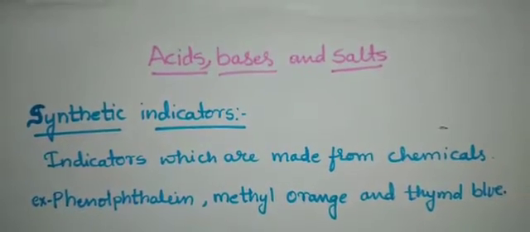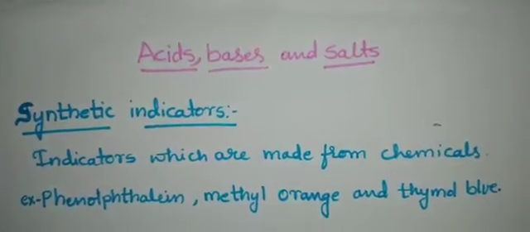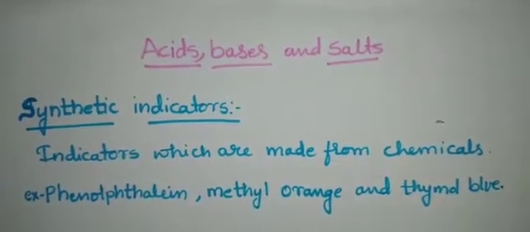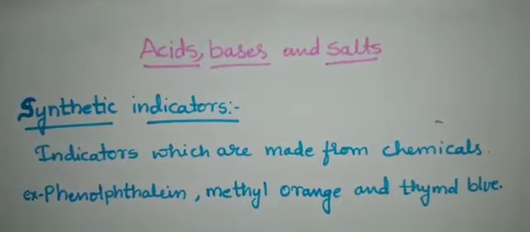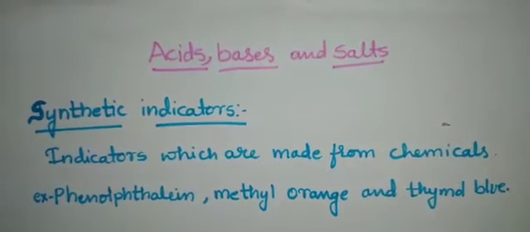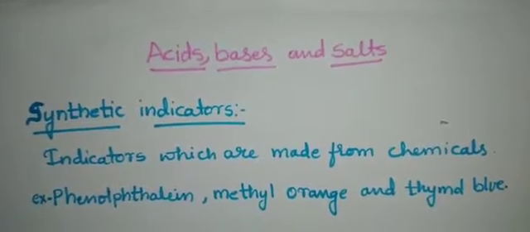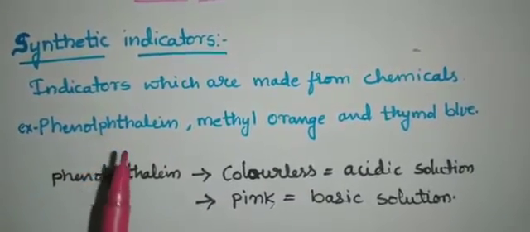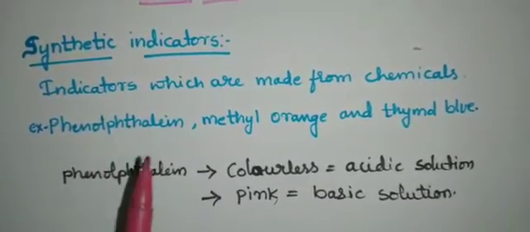Synthetic indicators are indicators which are made from chemicals. Examples of synthetic indicators are phenolphthalein, methyl orange and thymol blue. You have to practice the words.